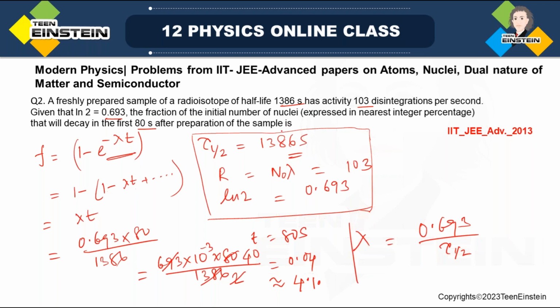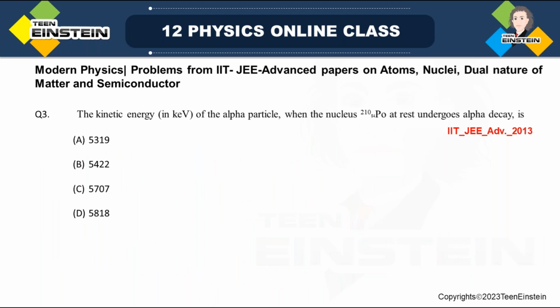So the question was the fraction of the initial number of nuclei: 4% of the initial number of nuclei will decay in the first 80 seconds after the preparation of the sample. Now we'll move on to the next problem. This is again a good problem. We'll try to solve it.